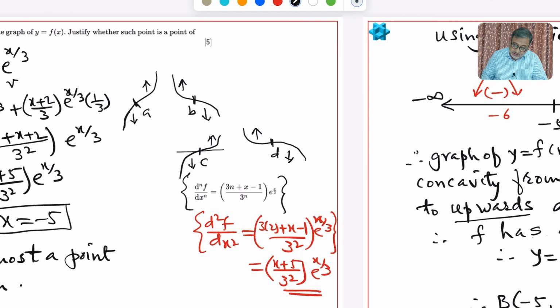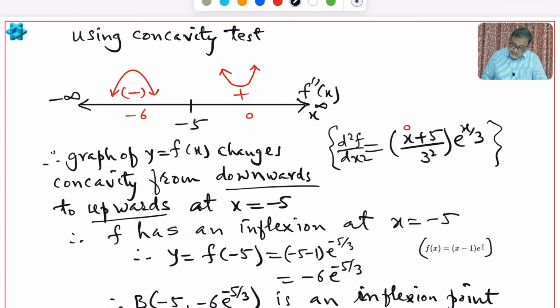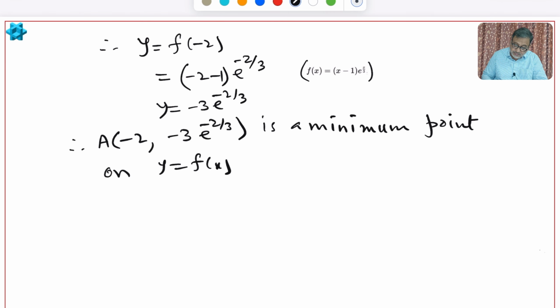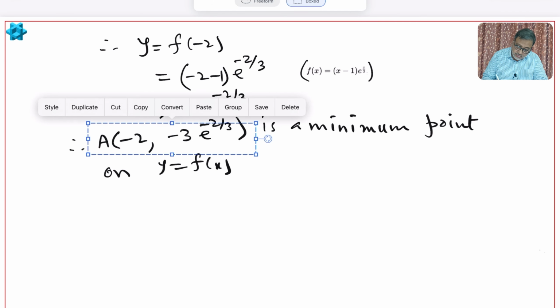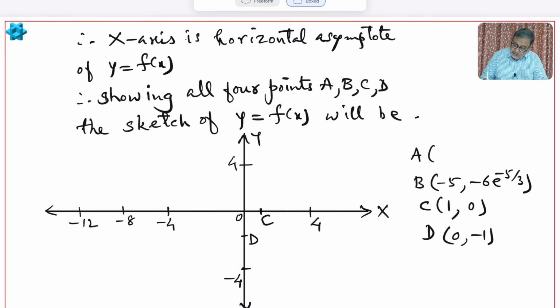And first point A was the minimum point, I think. Where is that point A? Point A is here, negative 2 and negative 3, and let me copy this point. Okay, I will put it here together so that we can draw the graph.